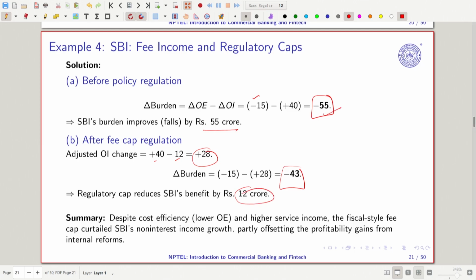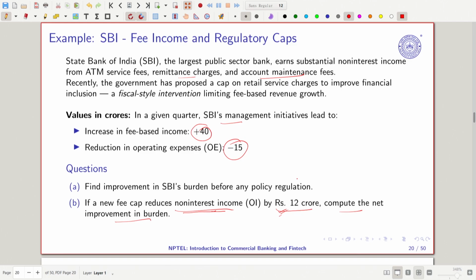So, this is what we are going to see, but here we have the cap regulation, and the cap regulation is further reducing the burden of the bank. So, here we have the percentage change. Now, what we are seeing is that because of the regulation change that we are assuming here, for example, they are increasing the fee-based income, and then they are seeing a decrease in the non-interest expense.